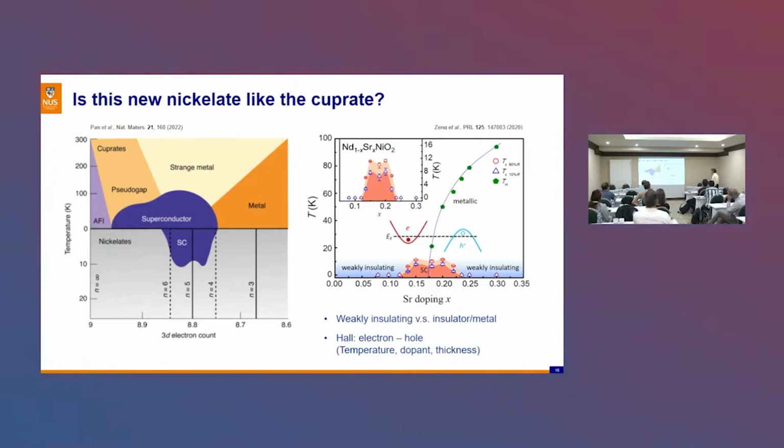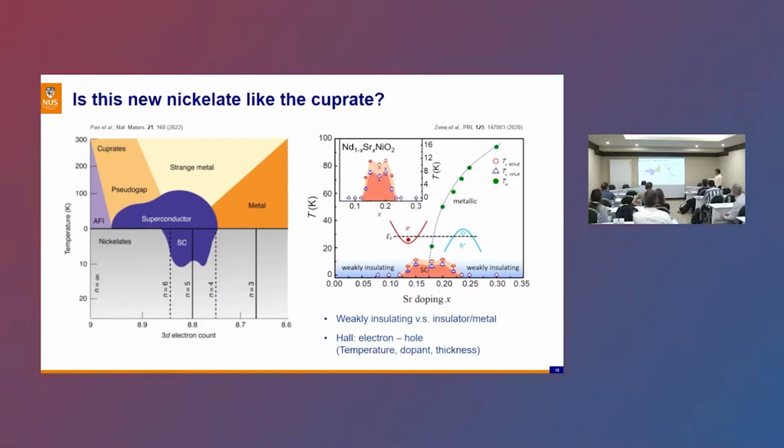Also, as you can see here, this is the temperature where you have a crossover between electron and hole dominant carriers. So if you go from underdoped to overdoped, you have transitions between electron dominant carriers to hole dominant carriers at different temperatures depending on the amount of dopants that you have.